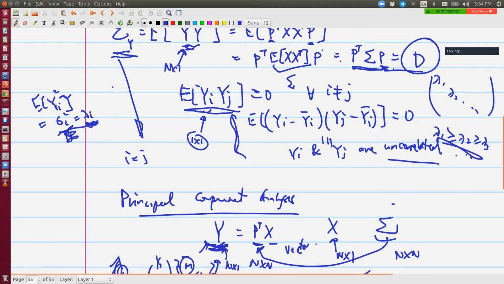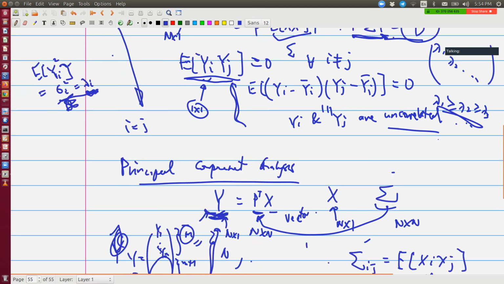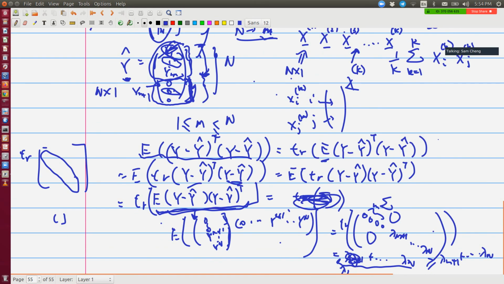So if we assume it's sorted and you want to reduce dimension to m, then we should only keep the first m components and discard all the rest.